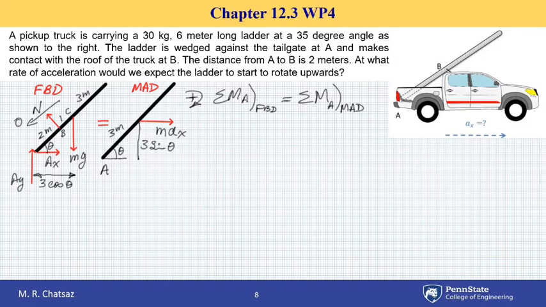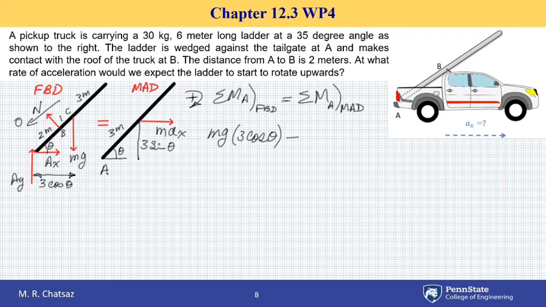So, moment of all forces on the free body diagram: neither AX nor AY have a moment about point A. The only force that has a moment about point A is mg, whose moment arm is 3 cosine of theta. And since I'm choosing clockwise to be positive, this is a positive moment.